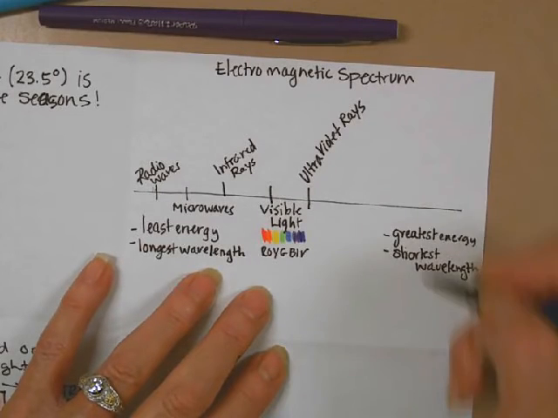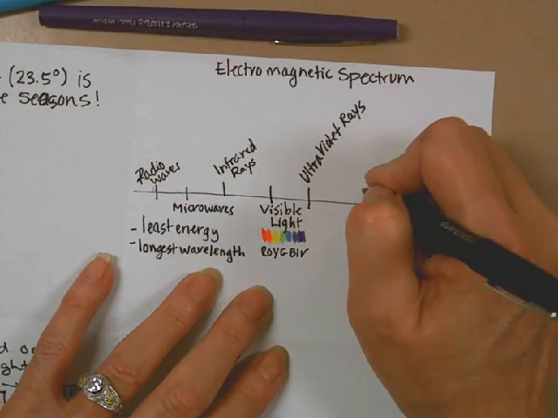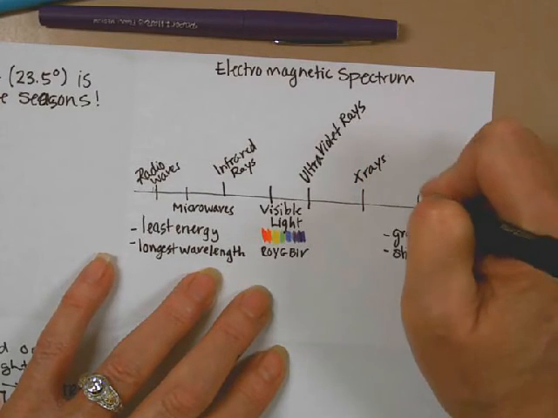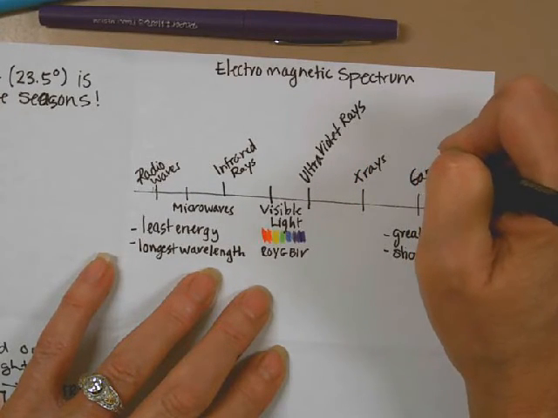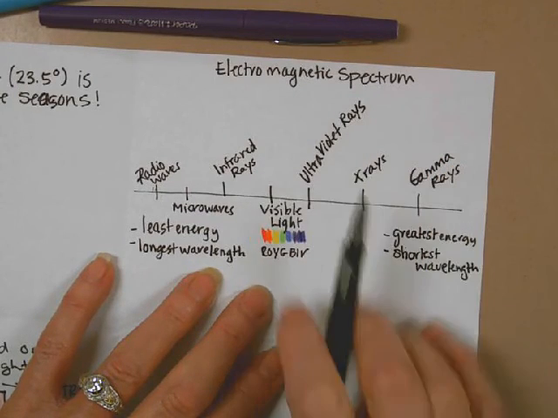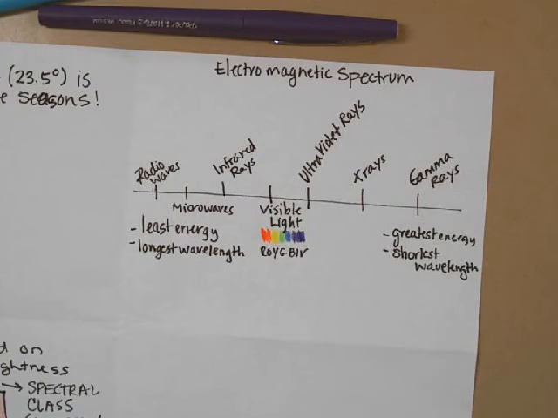They are necessary for vitamin D production. And then we have X-rays and gamma rays. So all of these, beginning with ultraviolet light, are harmful to us when we're overexposed anyway.